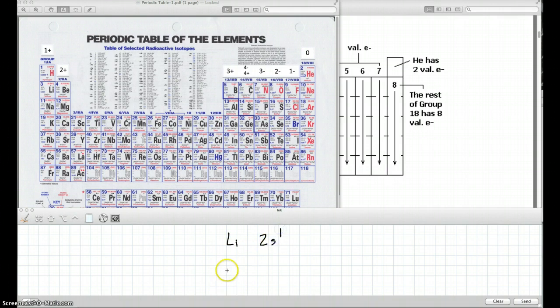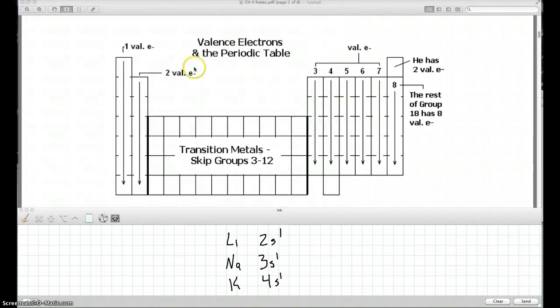If I look right below lithium, that's Na, and that electron configuration would end in 3s1. Right below that, K, that ends in 4s1. So you can see how we get this pattern here. 1, 2, skip a few, 3, 4, 5, 6, 7, 8.